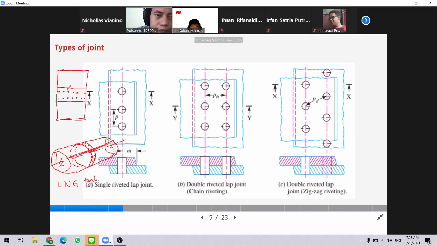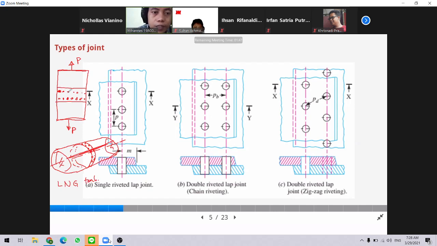So pitch means that if we can describe the load here, and we have so many rivets laid up in this joint, we don't need to calculate all of them, one by one.